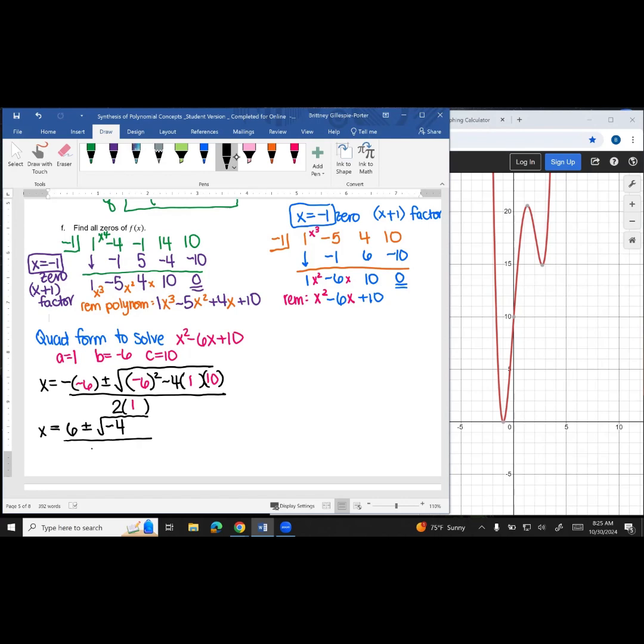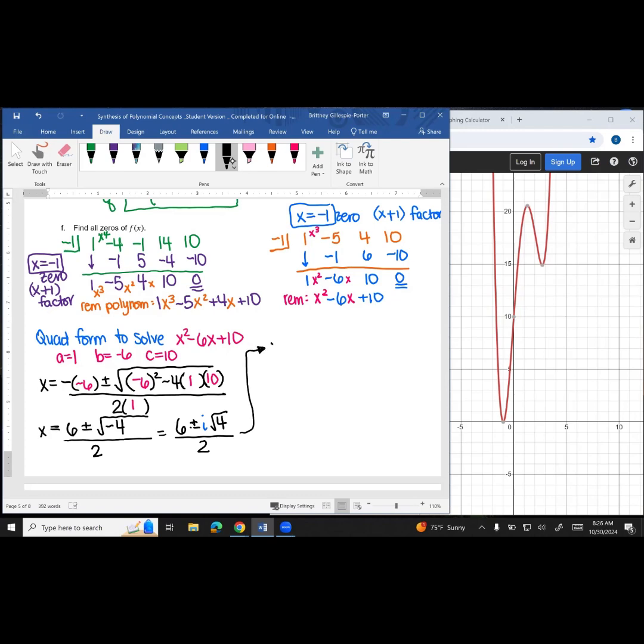All over 2 times 1 gets us 2. Because we have a negative under the square root, we get to take out an i. So we have 6 plus or minus i square root 4 all over 2.